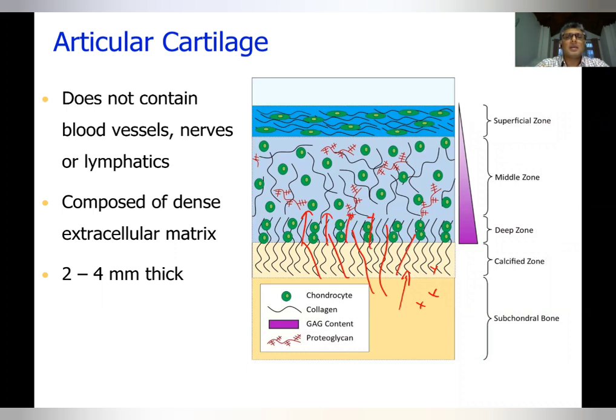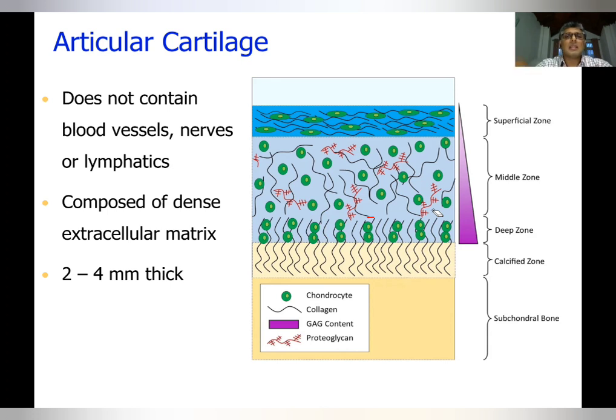Then on the other side, this side of the cartilage is actually the joint side, the area that faces wear and tear. You can't have a perichondrium there, because it would get damaged. So this articular cartilage does not have a perichondrium on either side.